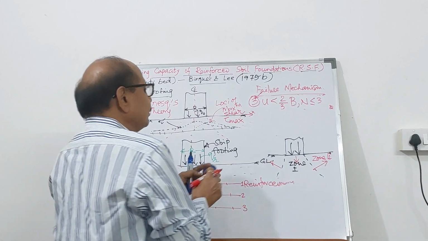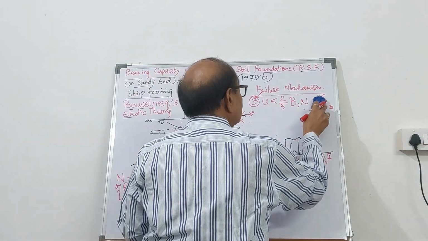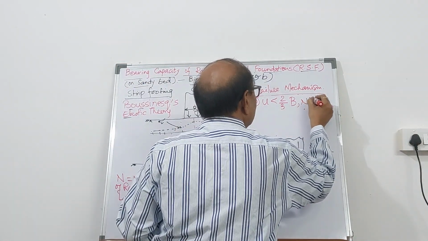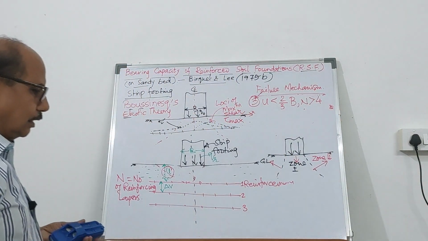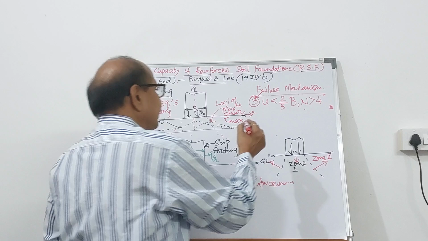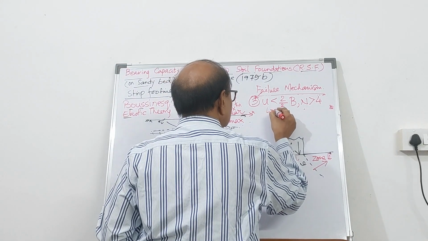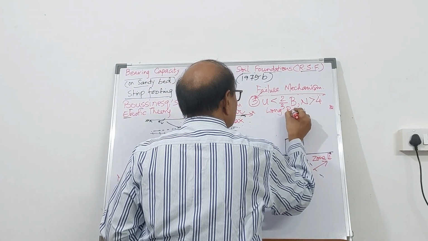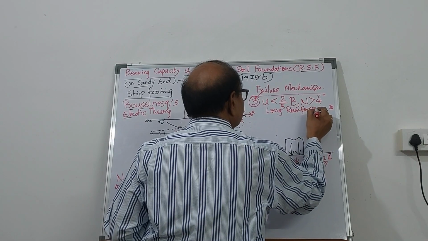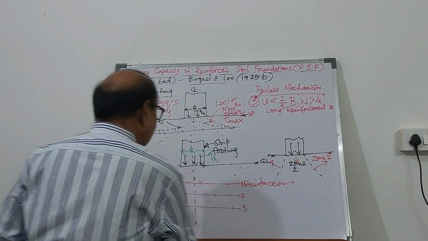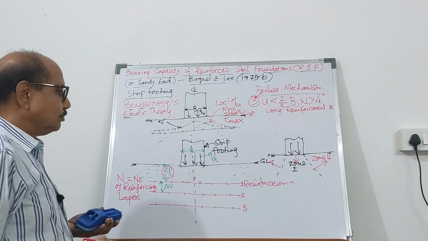So N greater than 4. Good number of reinforcing layers. Long reinforcement, it is not short. The ties are long enough.